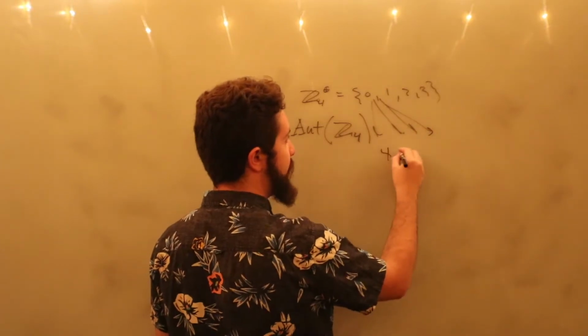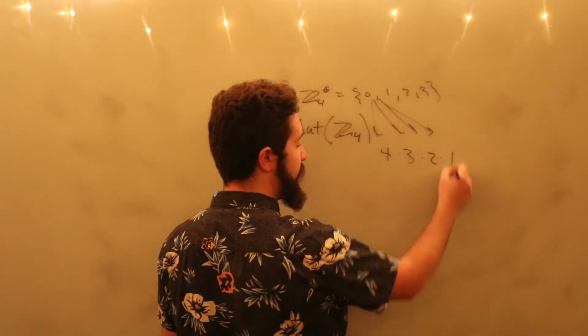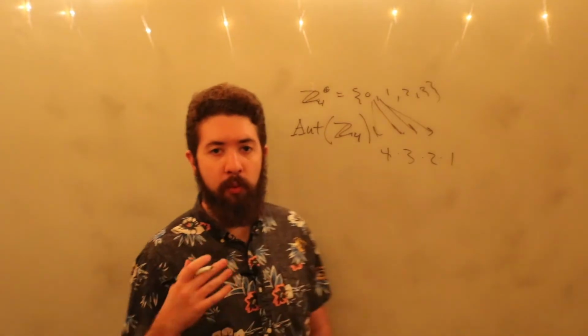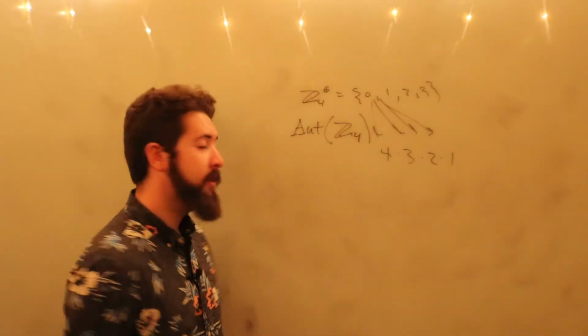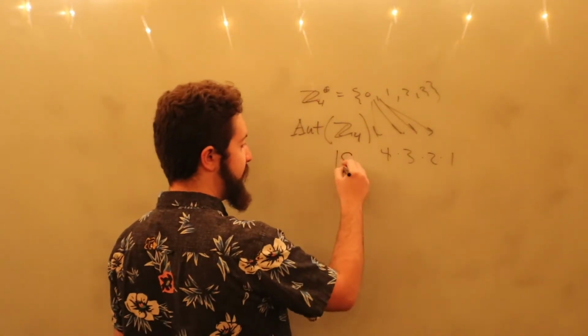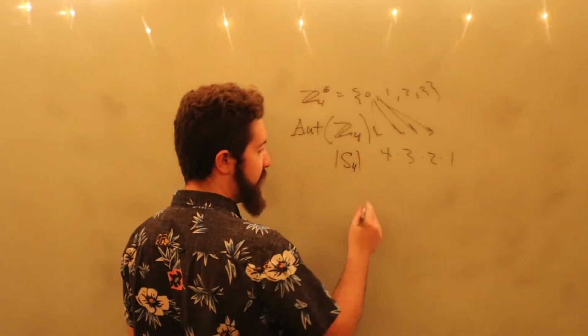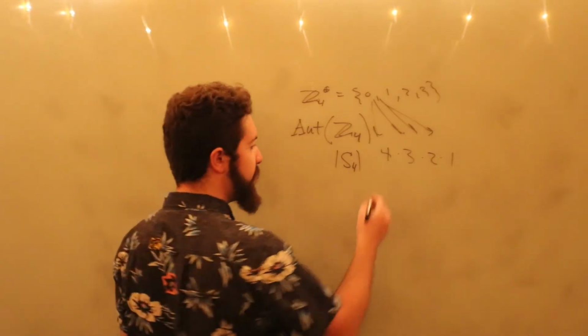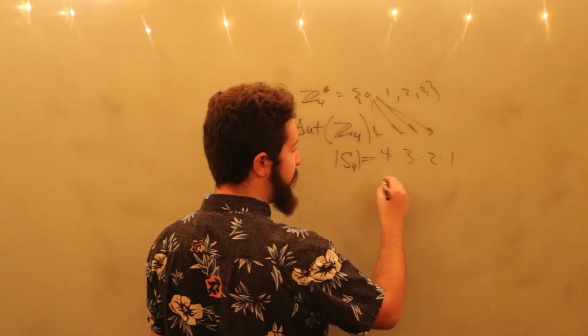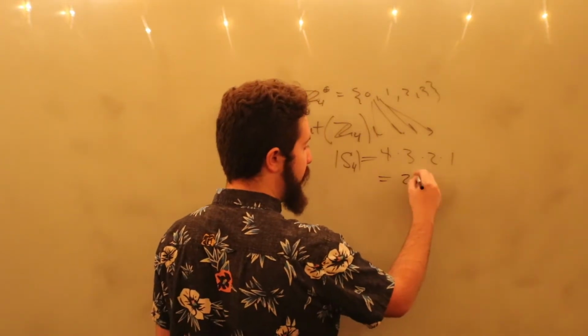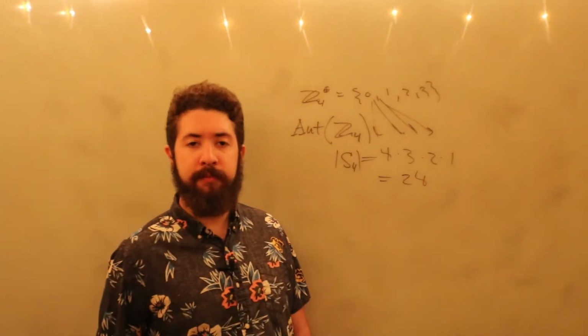Then there are 3 options for the second, 2 for the third, and just 1 left over. Thus, what we're saying is that the order of S4, the symmetric group on 4 symbols, is going to be equal to 4 factorial, or 24 different bijections.